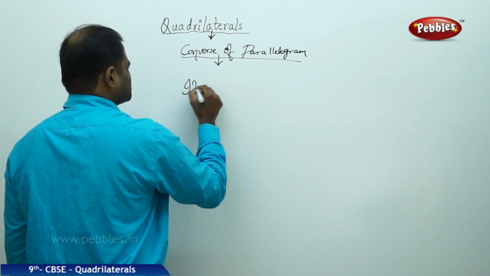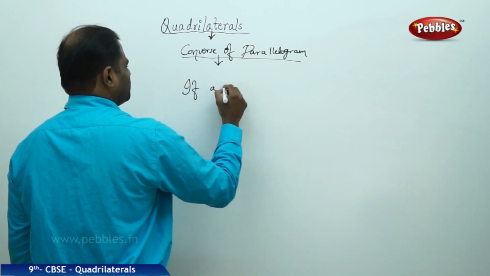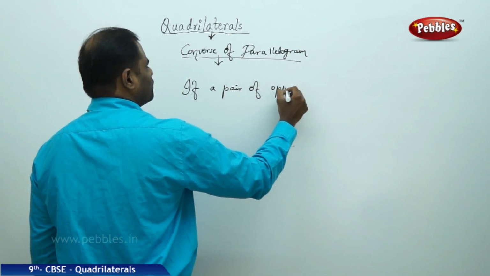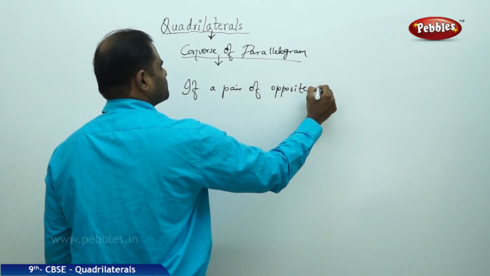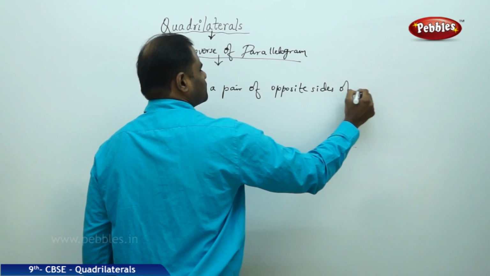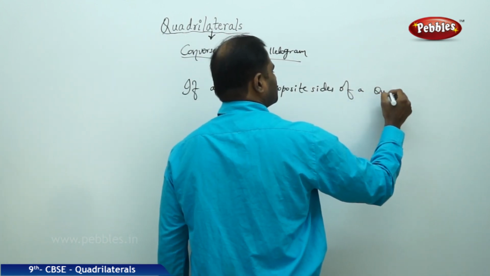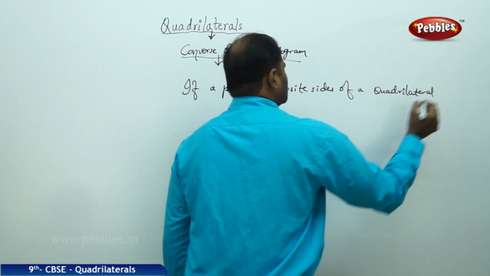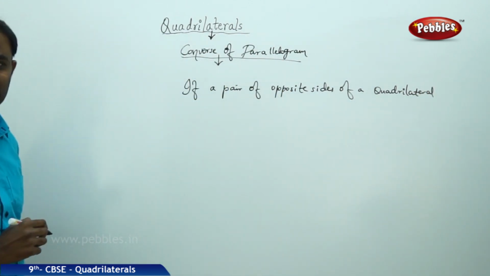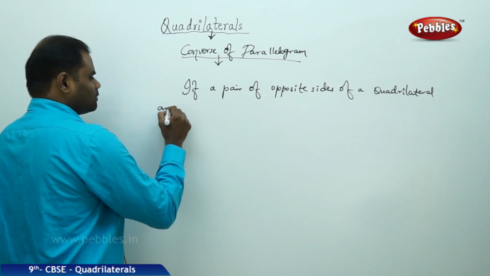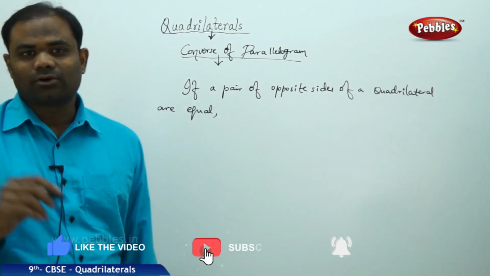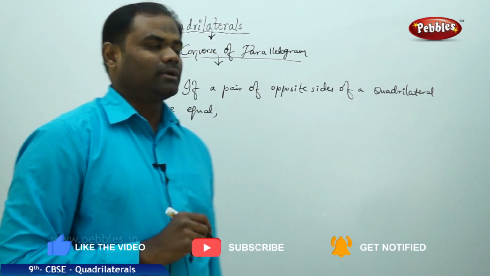So let's see the converse as the properties of a parallelogram. The converse says if a pair of opposite sides of a quadrilateral are equal, then the quadrilateral must be a parallelogram.